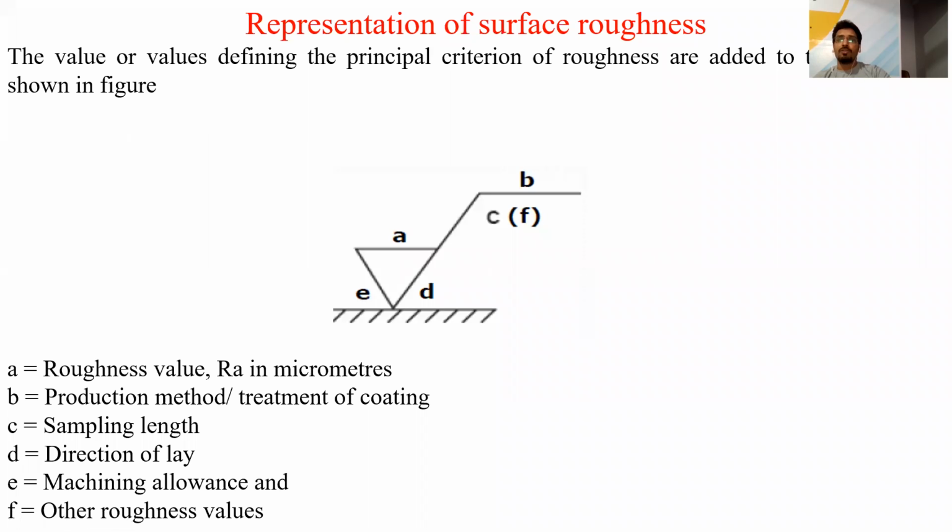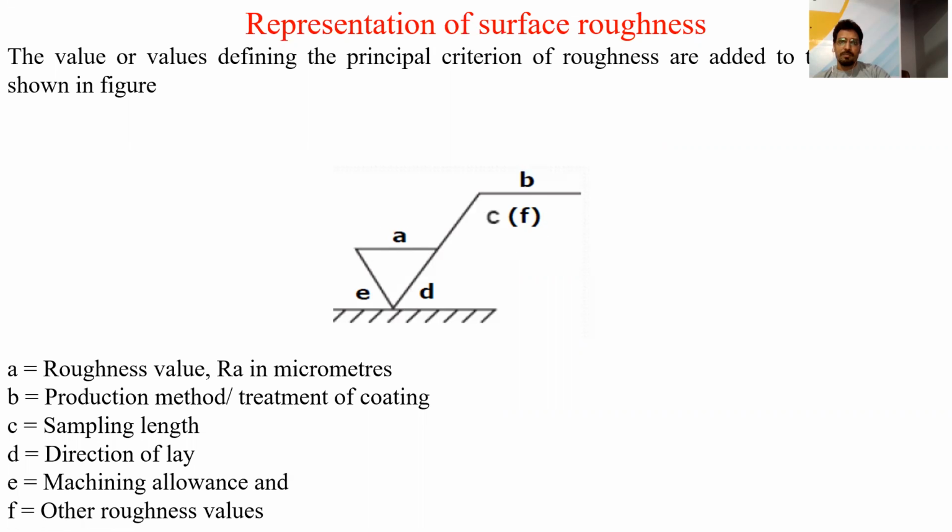Next is how the surface roughness is represented. I have already told you that the symbol of roughness is a triangle. What is the significance of each symbol which is present on this triangle symbol? If you see this type of symbol anywhere in the drawing, you can easily identify that it is the symbol of roughness.